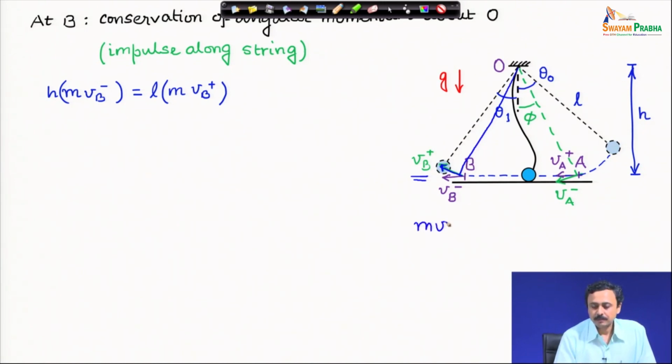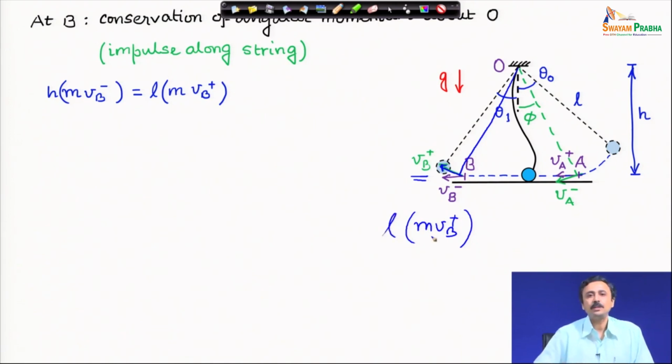Linear momentum just after the impulsive force has acted is m v B plus, and the moment of linear momentum is the perpendicular distance, which is L, times that. Just before the impulse it is h times m v B minus.